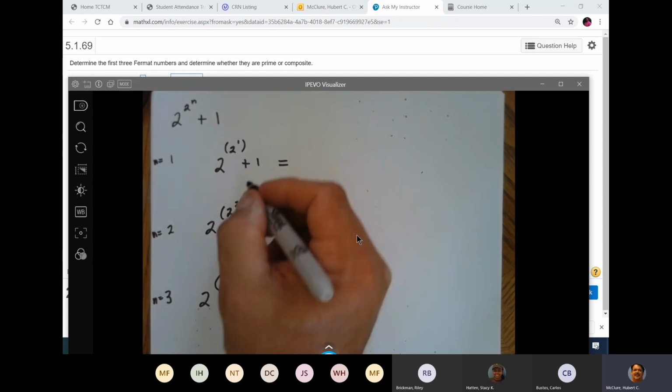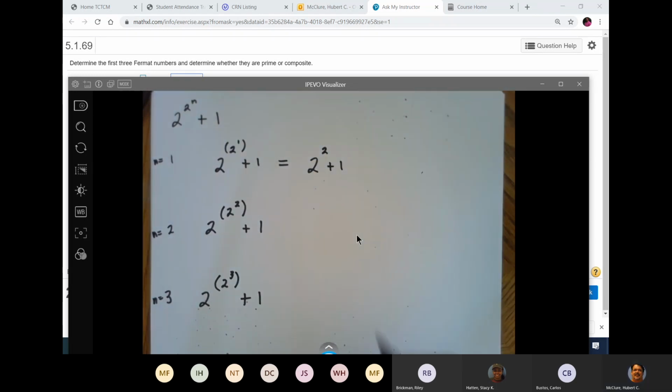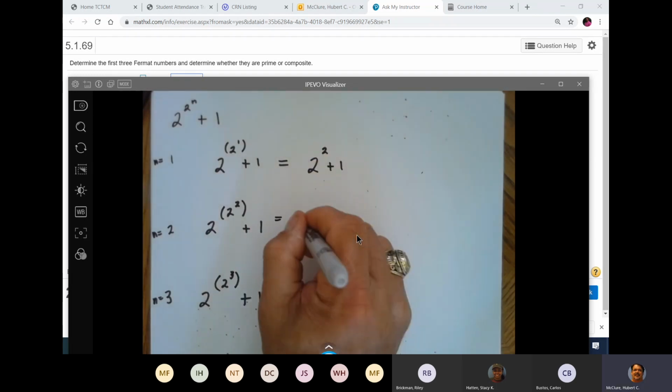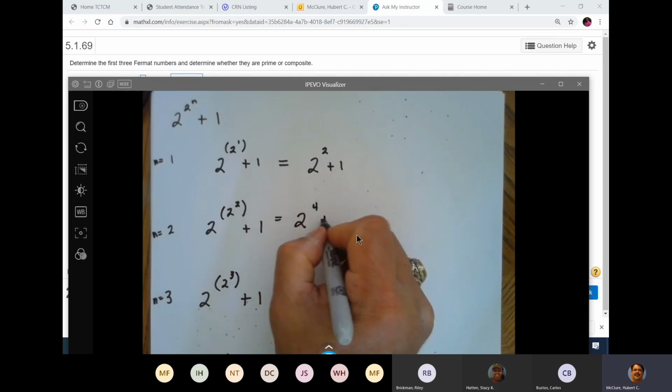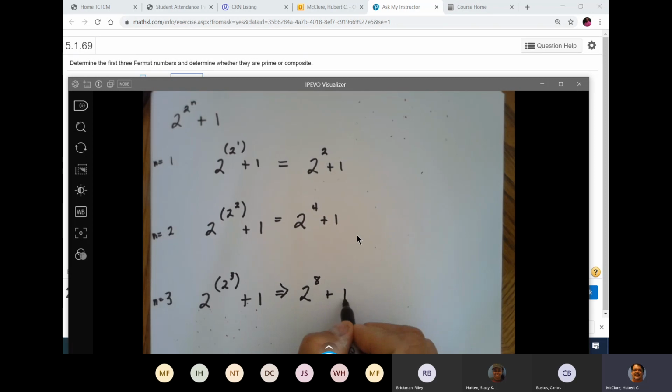All right, 2 to the 2nd power plus 1, 2 to the 4th power plus 1, and 2, let's see, 2 times 2 times 2 is 8th power plus 1.